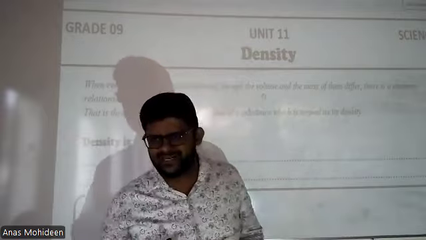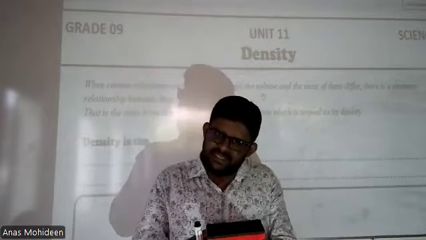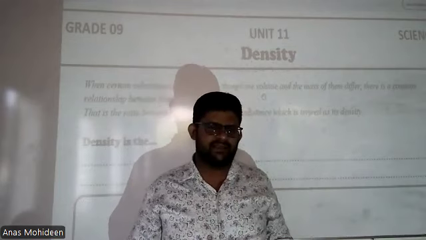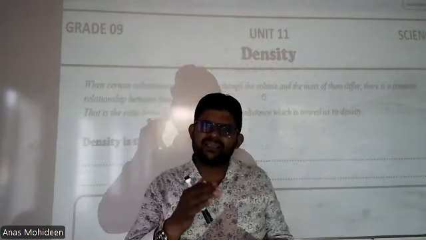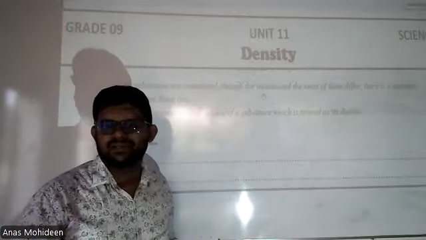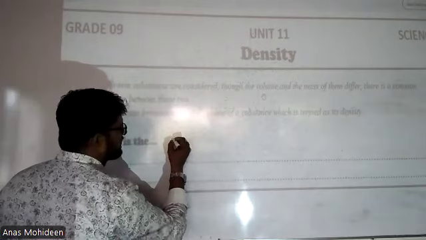So how it comes, you'll be learning the relationship. Mass is less, measured in grams. Volume is also there. So what is the mass of a unit volume? Mass of a unit volume, it is what we term as density. Let me take the object here.